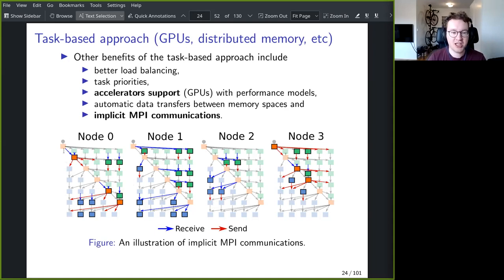So it can do a receive, telling that it would like to receive data from node number 3. And node number 3 knows that after executing its task, node number 0 is going to need the data, so it is going to do a send, and so on. The task graph, in some sense, gets augmented with these extra tasks that tell it to send or receive data from the other nodes. And all these communications arise naturally from the task graph itself and the way the data is distributed across the different nodes.